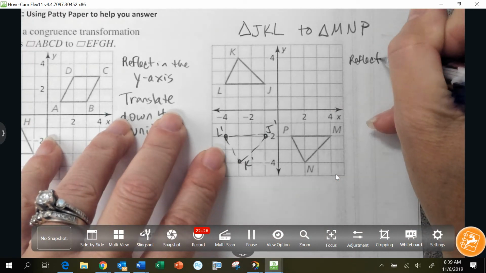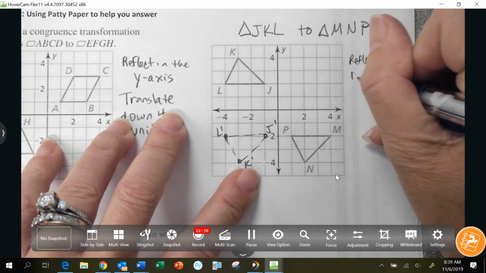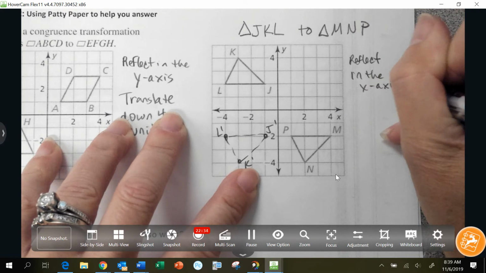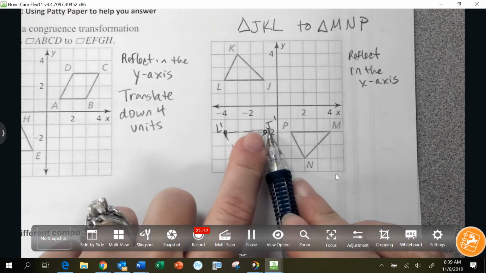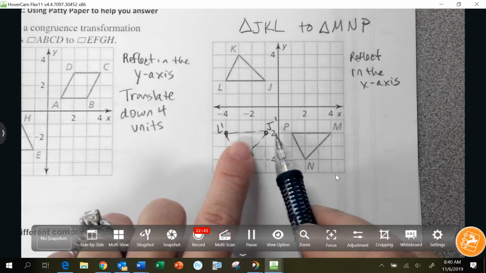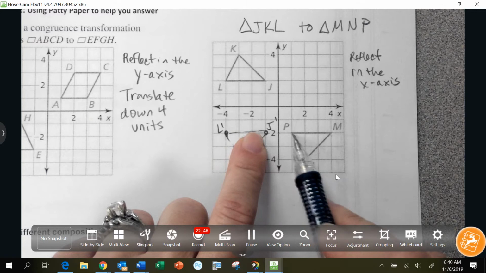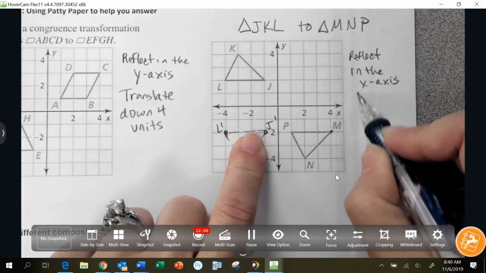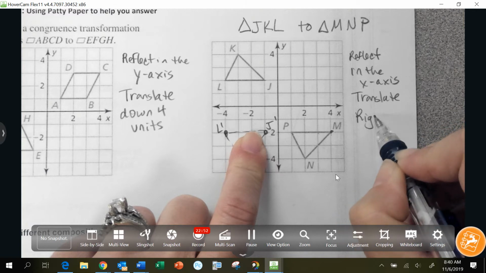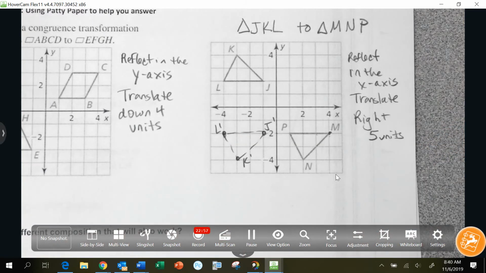This is not the only correct answer, so if you didn't do it this way, just hold off because I'll go over another correct answer. Reflect in the x-axis. And then if we reflect that, and I know that J has to correspond to M, L corresponds to P, this is now just a translate. So we translate to the right, 1, 2, 3, 4, 5. Okay, so translate right 5 units.